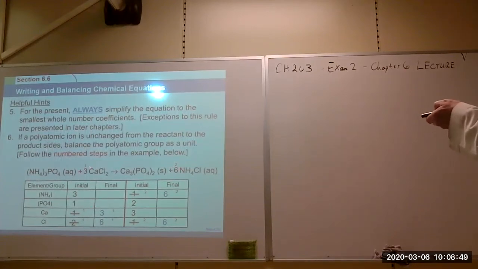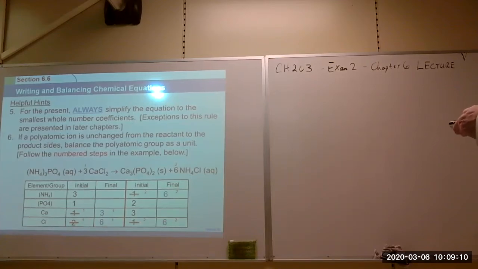We did this one first, changed our tally, and then we did this one with a 6 in front. So that changed the number of ammoniums. So now the ammoniums are out of balance again. And 6 chlorines. Chlorines are good. That's what we were aiming for with this 6, to give us the right number of chlorines. But we changed the ammonium.